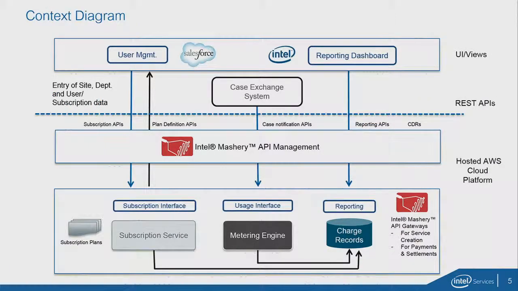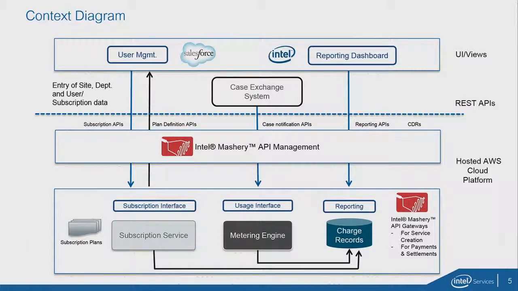So I'll go through a specific use case where we have leveraged this in partnership with Salesforce. At the bottom, you see the Intel Mashery API Gateway. This is a standard product that is GA and is available, right?